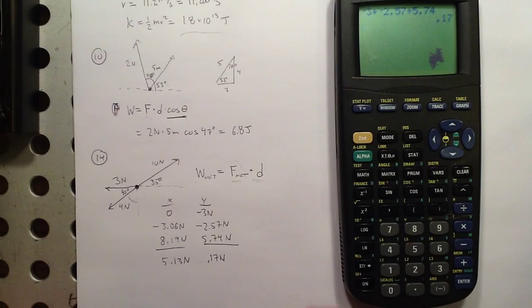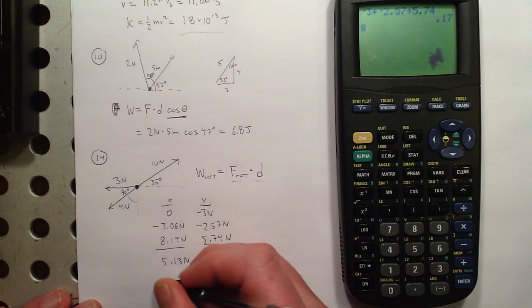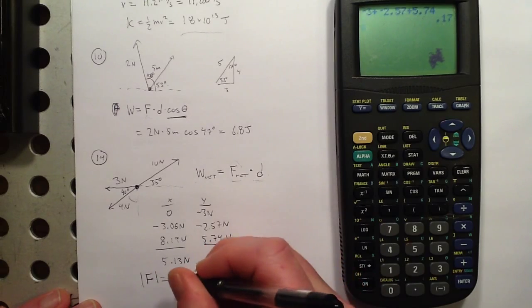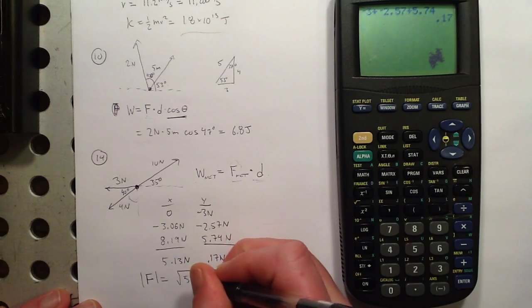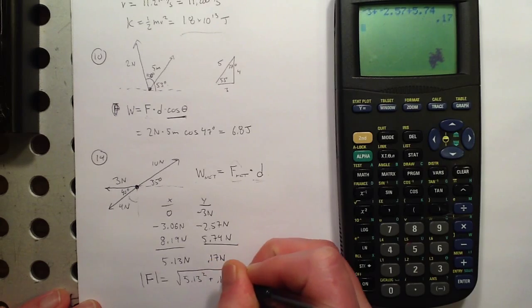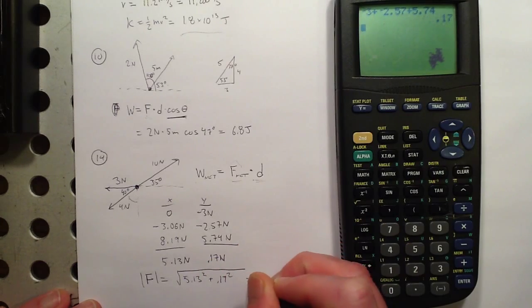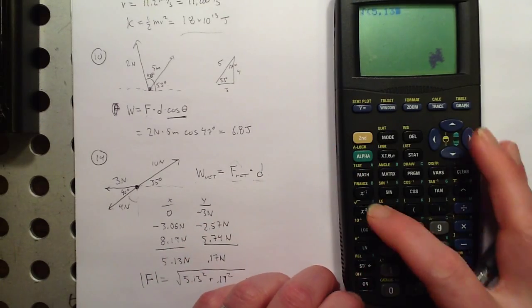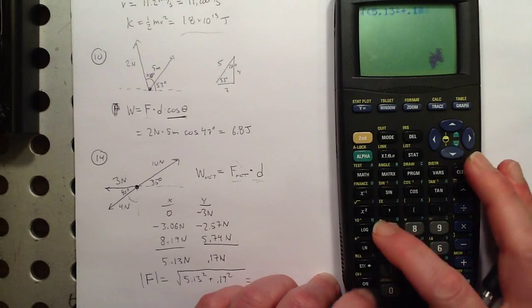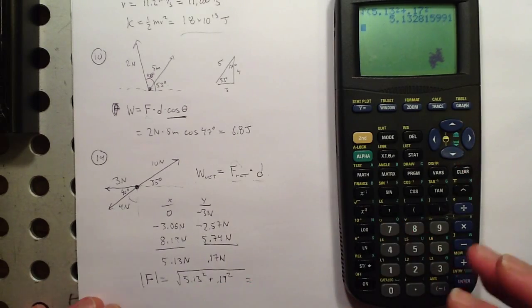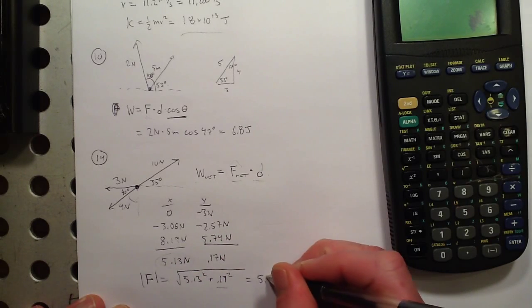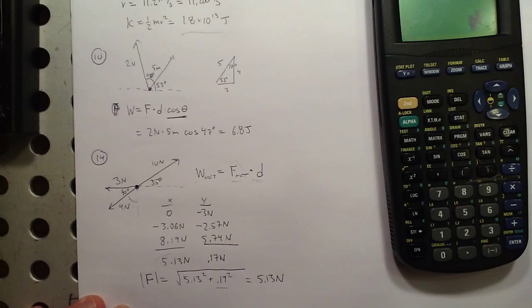Right? And that means the magnitude of that would be the Pythagorean. Let's see, that's the square root of 5.13 squared plus 0.17 squared. And it's just about 5.13. So this is so small that that dominates the magnitude of that, 0.13 newtons.